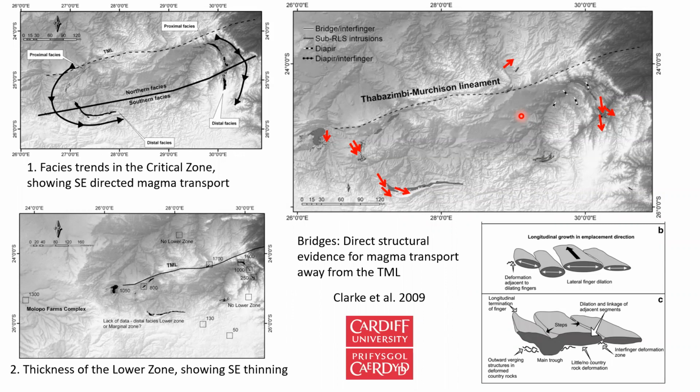We may have heard a different perspective on that from Ian yesterday, but it's also important to point out, of course, it's not just the TML that we may be talking about. We may be talking about the Hout River shear zone, as Ian mentioned yesterday. We may be talking about the feature which Judith just talked about. I can't remember the name of that, Judith, your shear.